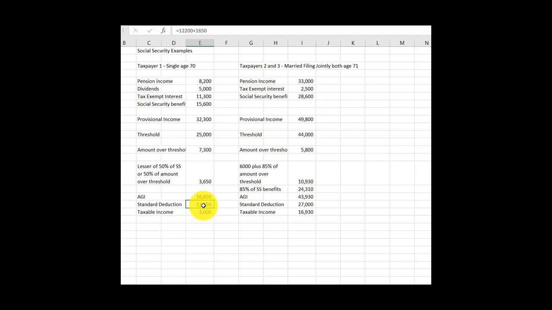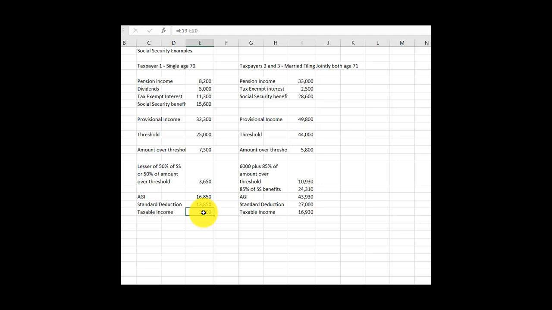Standard deduction, the $12,200 plus the extra, easy to forget, for being over 65, it's $13,850. So when we talk about itemized deductions, you would always use the higher of the standard deduction or itemized.